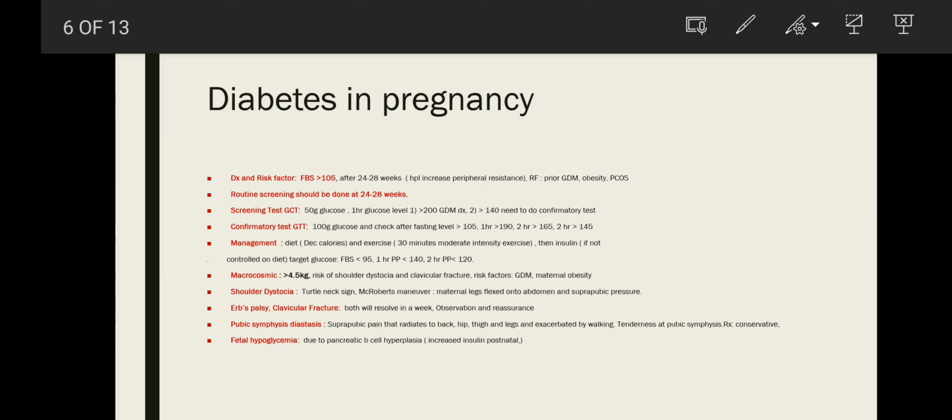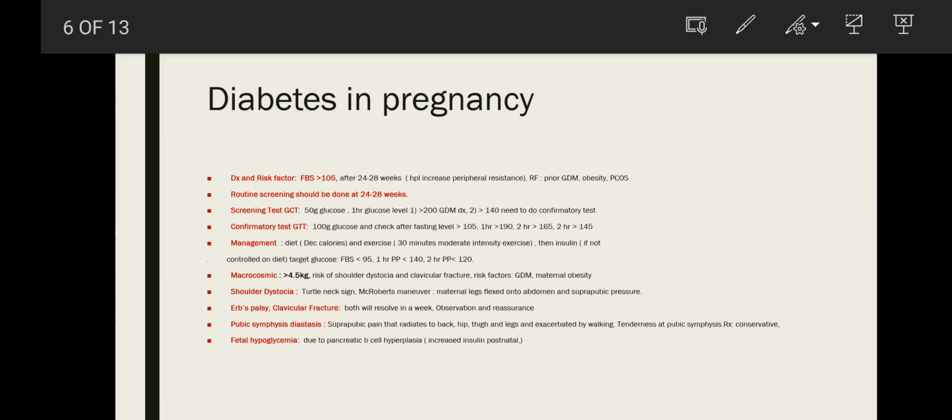Other conditions like Erb's palsy and clavicular fracture are also associated with shoulder dystocia in case of macrosomia. But luckily, both these conditions are self-resolving, and all we need to do is reassurance and observation.